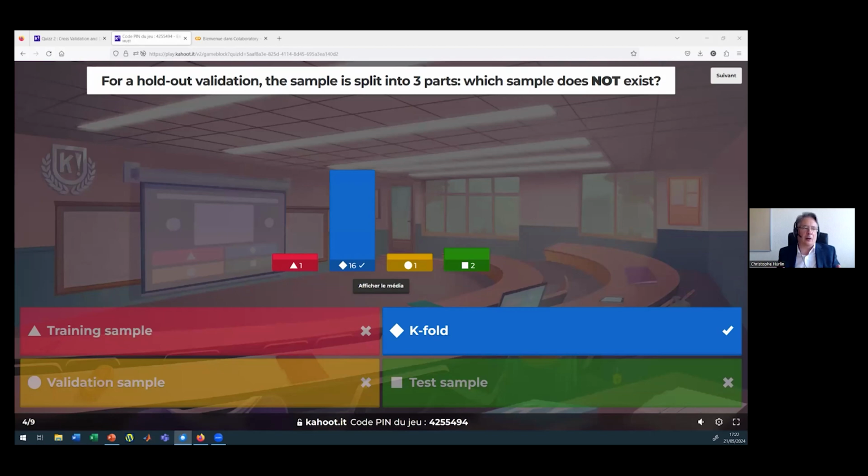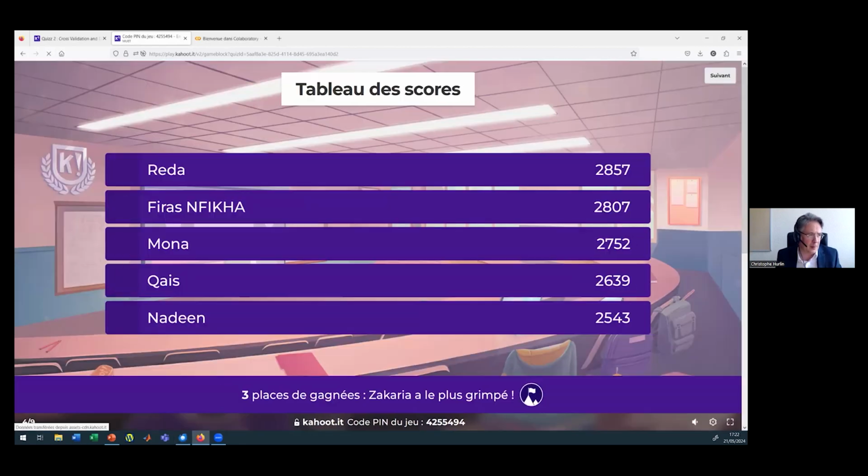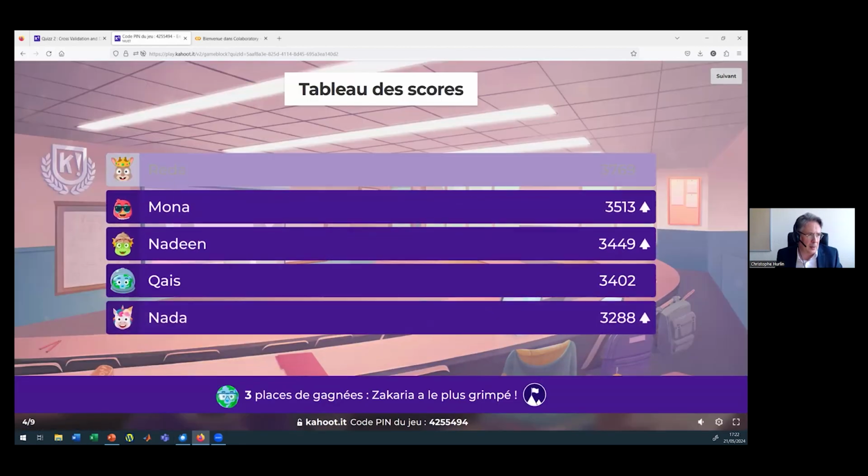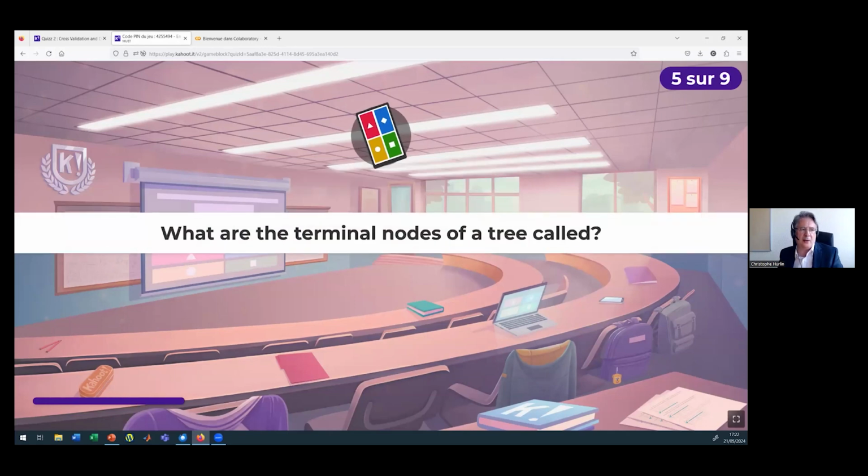Perfect. In the hold out validation, we have three samples: train, validation, test. What are the terminal nodes of a tree called?